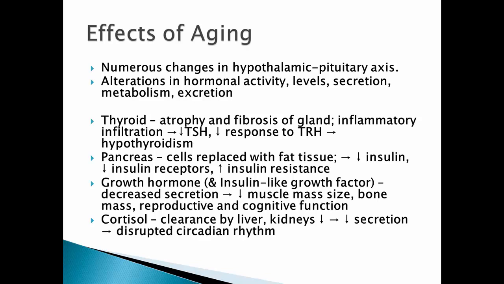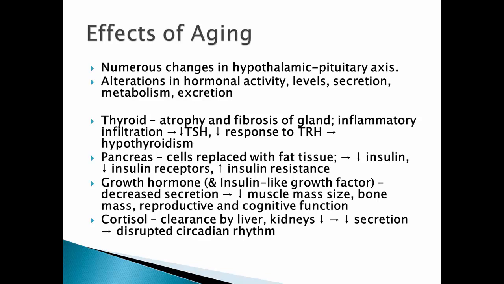Let's end our conversation of the endocrine system with the effects of aging. As we get older, there are a lot of changes in that hypothalamic pituitary axis. If you already listened to the lecture on thyroid and adrenal cortex disease, we talked about the importance of the hypothalamic pituitary axis, and we actually stepped that out in both of those sets of disorders.